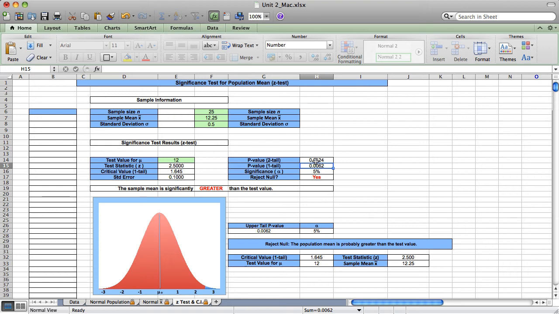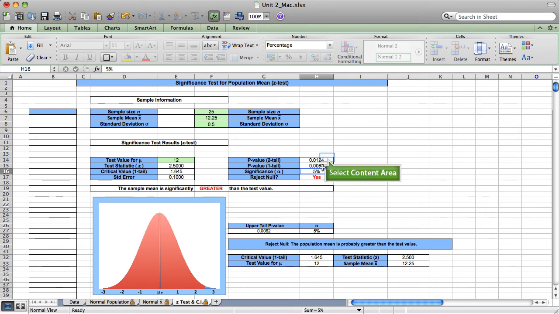For this particular case, we want the probability of being either 2.5 standard errors above 12, that would be overfilling, or the same distance, 2.5 standard errors below 12, which would be significant underfilling. So our one-tailed p-value of 0.0062 needs to be doubled in this case, overfilling or underfilling. So the p-value for my test here is 0.0124. We were instructed to use a significance level of 5%.